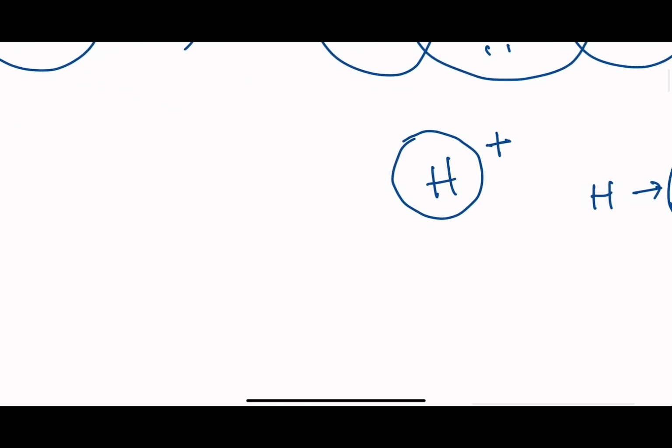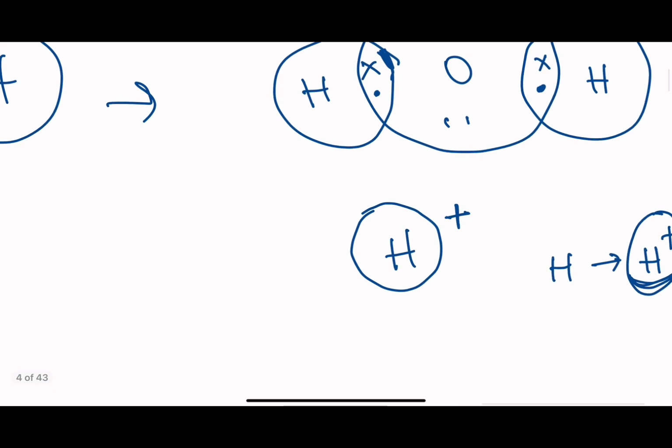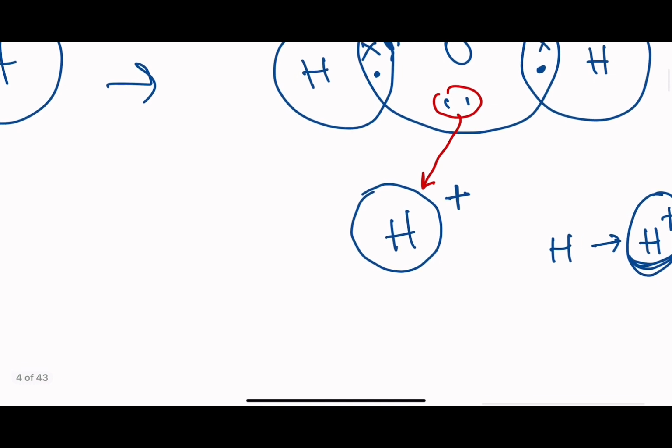This hydrogen doesn't have an electron, so it has a positive charge. So the oxygen in the water donates these 2 electrons to hydrogen. So water is the electron donator, and hydrogen is the electron acceptor.